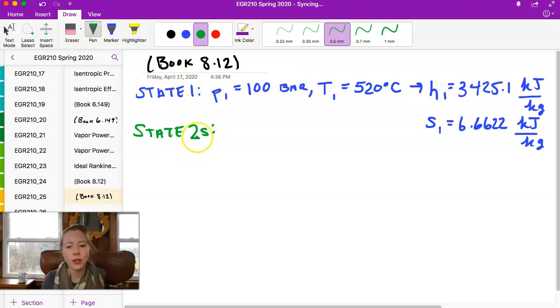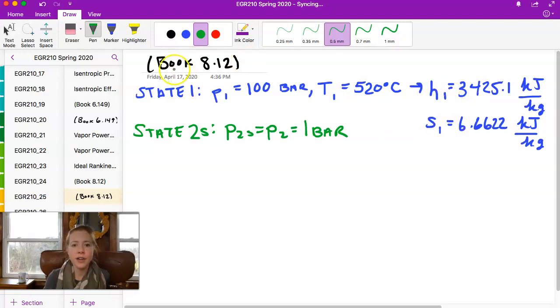And for this, we're going through the turbine. So ideal for state 2, P2s is going to be the same as P2, which is 1 bar. And so remember, with an isentropic process, if this process were ideal, delta S is equal to 0.